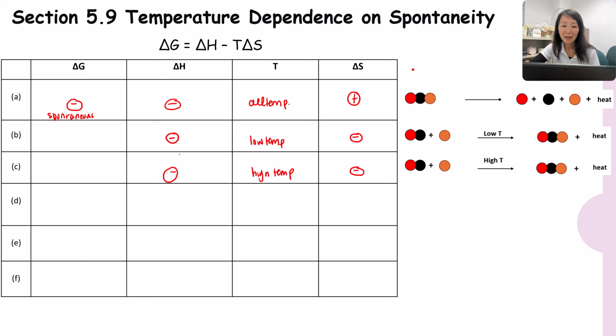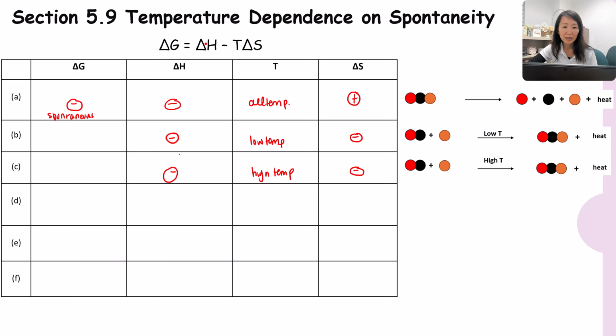So let's take scenario B and scenario C. In scenario B, you can see the entropy decreasing because you're getting 2 different molecules combining into 1. You're going into a more ordered state, so hence delta S is negative. It's also releasing heat, so it's an exothermic process, and delta H is negative.